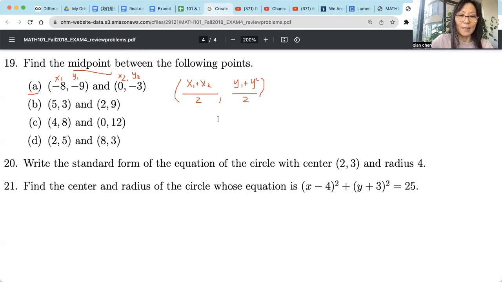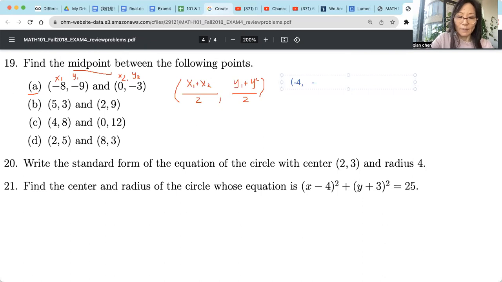So let's see A. We have x1 plus x2, or x2 plus x1, is the same, right? Because addition is commutative. So then divided by 2, negative 8 plus 0, that's just negative 8. Divided by 2, that's negative 4. So the x value of the middle point is negative 4.